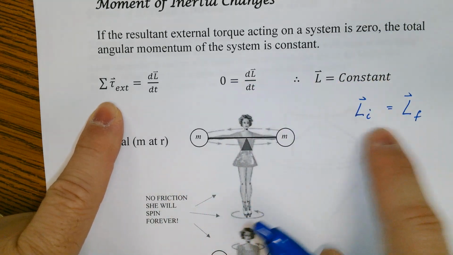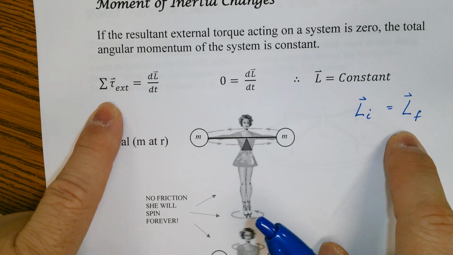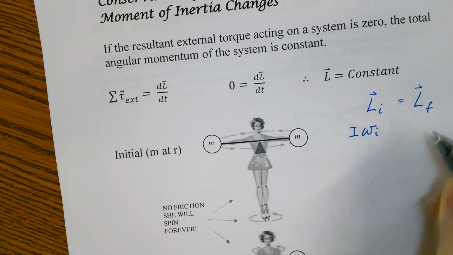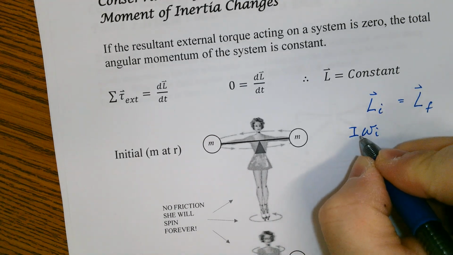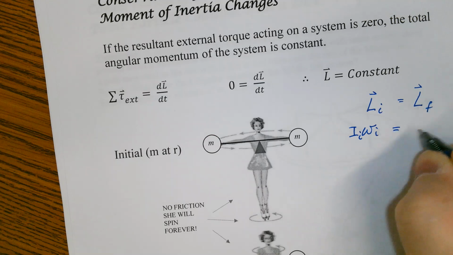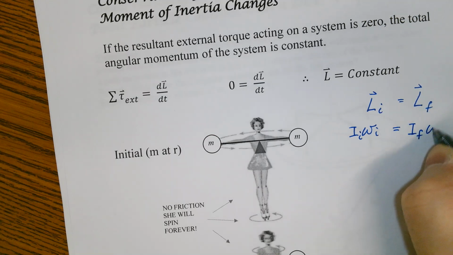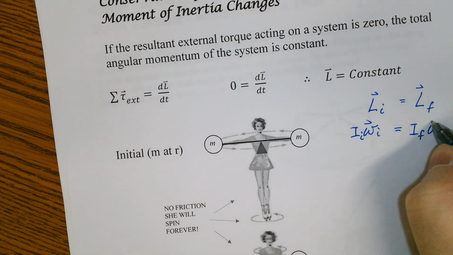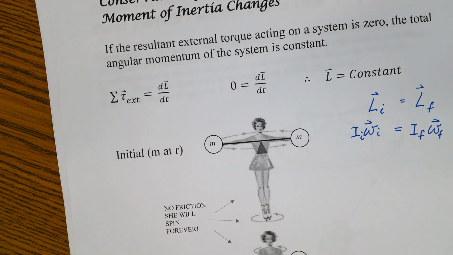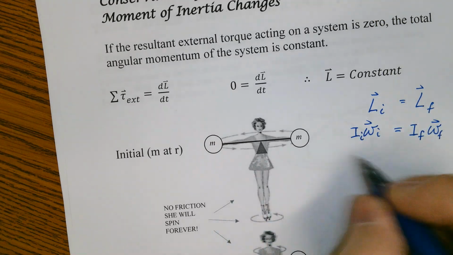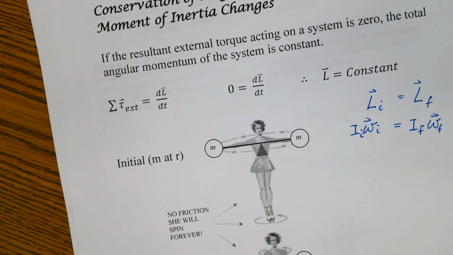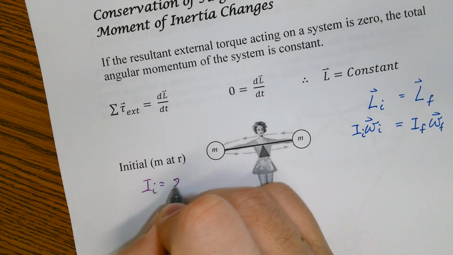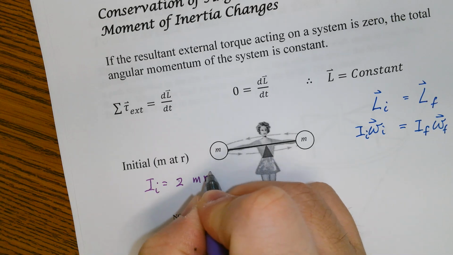And that's why we have this. I initial omega initial must equal I final omega final. Here, I initial is equal to 2 times mr squared.